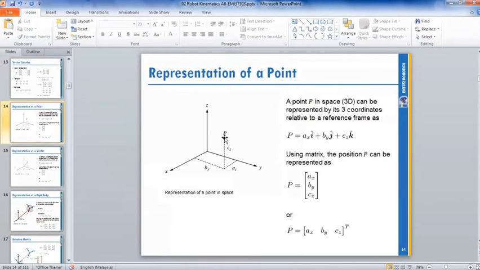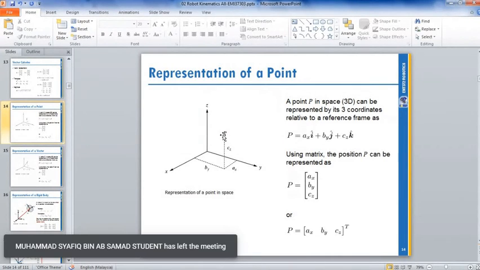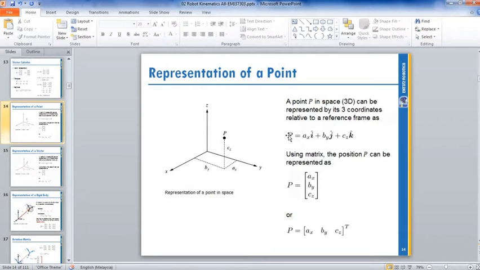This position is contributed by the x-axis, here, y and z. So this position is located in 3D view. You have an x value, y value, and z value. This is after transpose. So you get x, y, z.